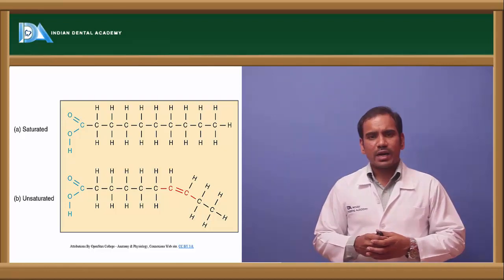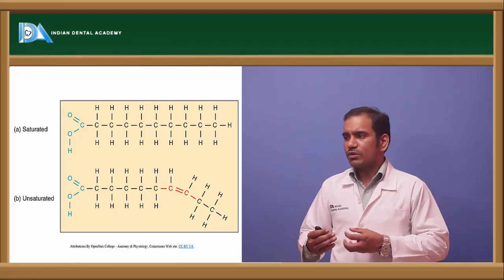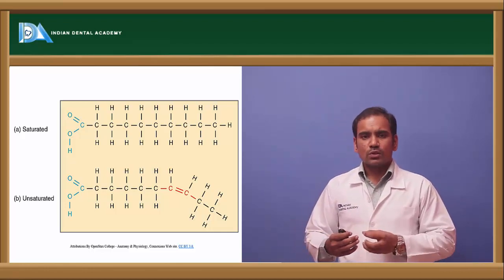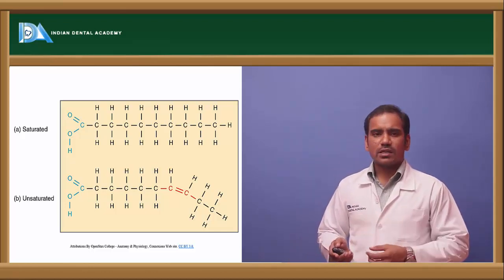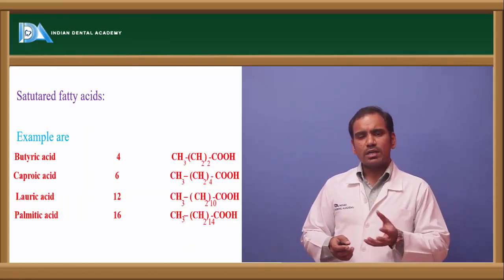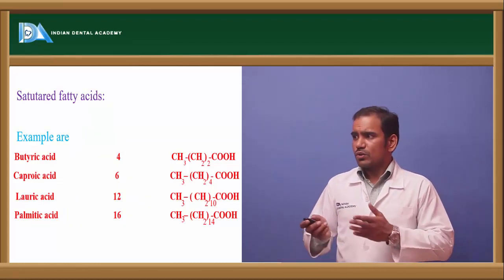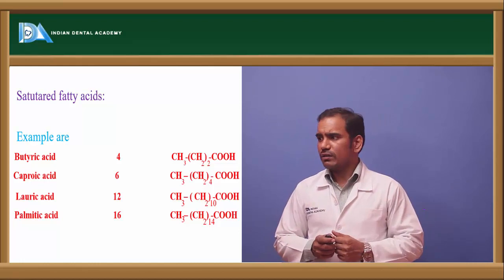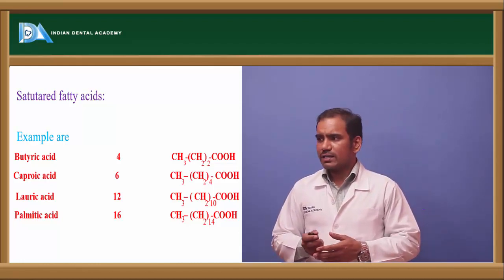So we can classify fatty acids into saturated and unsaturated based on the presence of double bonds. Some important saturated fatty acids are butyric acid, caproic acid, lauric acid, palmitic acid.